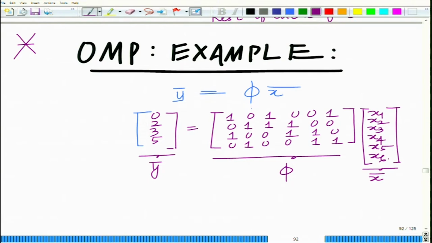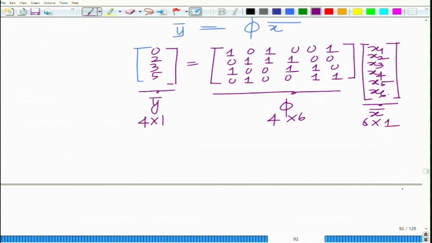The various parameters are as follows. This y is a 4 cross 1 vector, the matrix phi is 4 cross 6 and x bar is 6 cross 1. Therefore, in this problem we have m equals 4, which is the number of equations, and n equals 6, which is the number of unknowns.